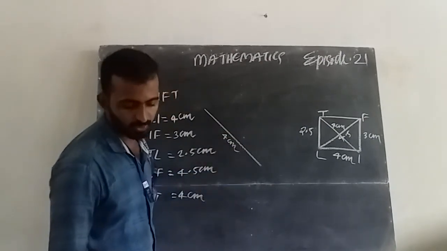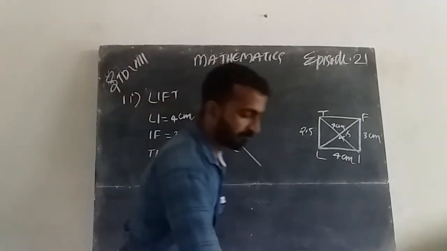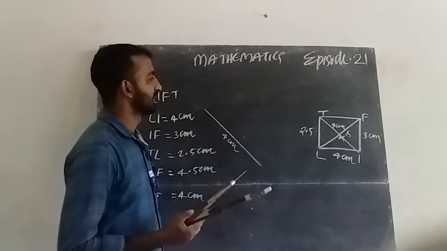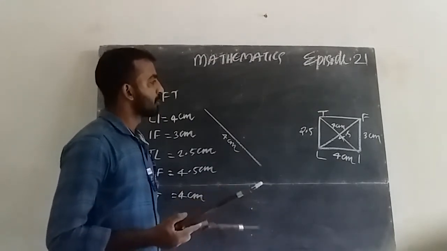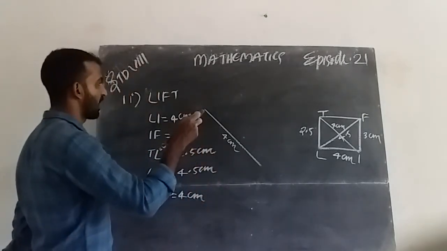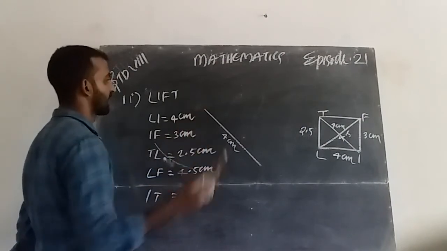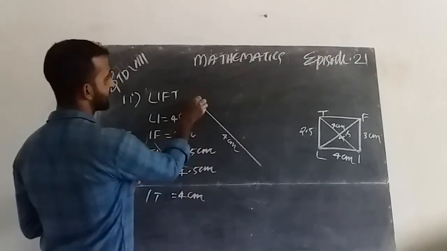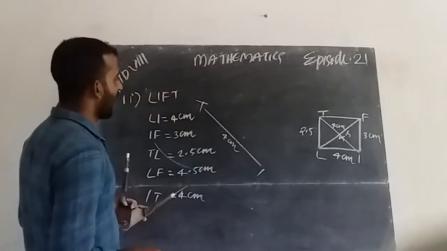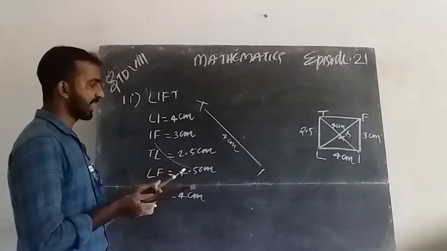Is it? Yes. And next we draw an arc with length 2.5 centimeter downward, center T. This is I. And next I draw a 4 centimeter arc with the center I.